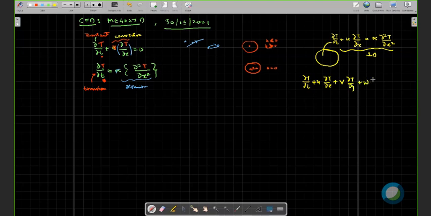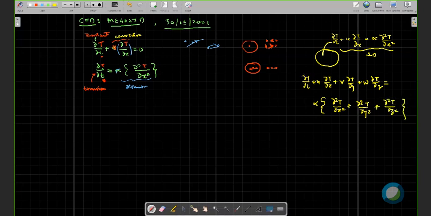Similarly, for a 3D problem, it can be the gradient of T in the z direction with w velocity, and this should equal alpha times the diffusion in the x direction, the diffusion in the y direction and the diffusion in the z direction.